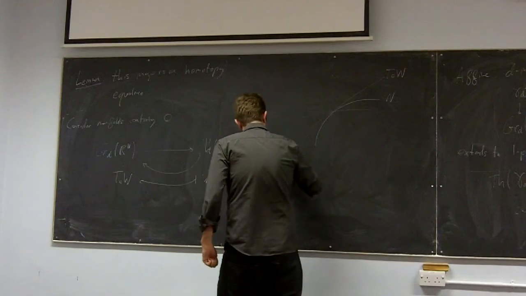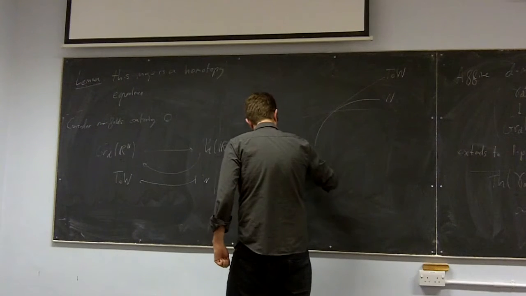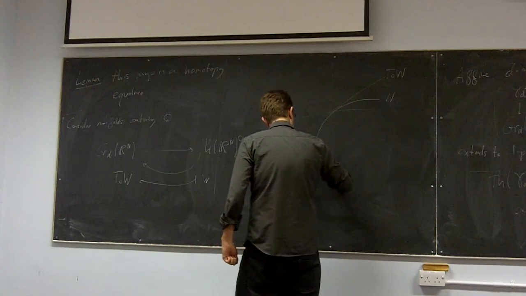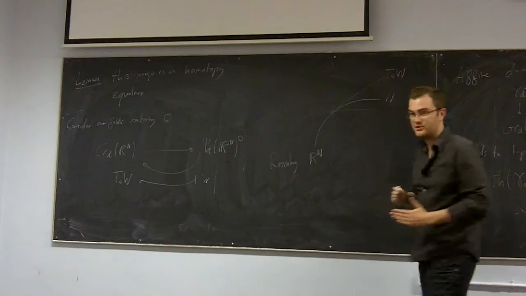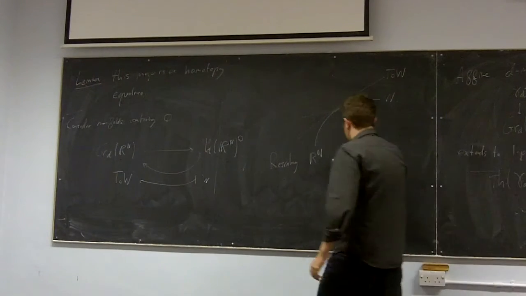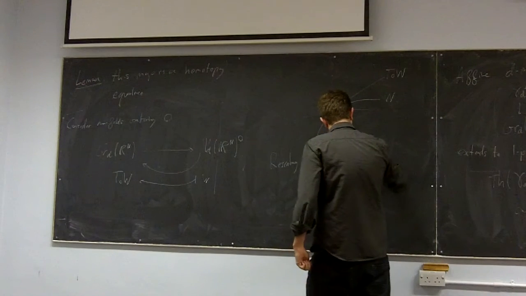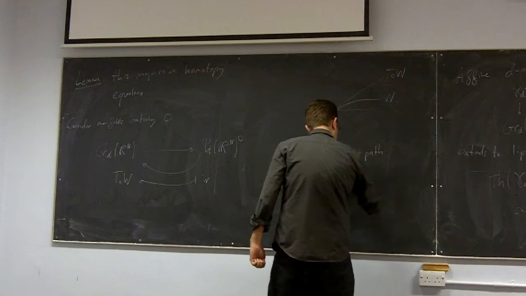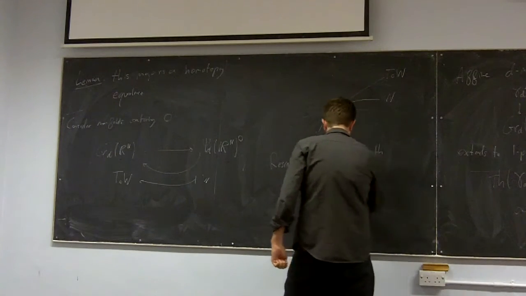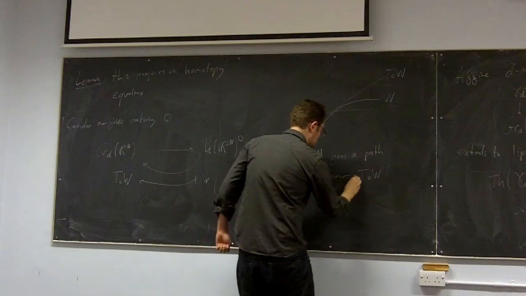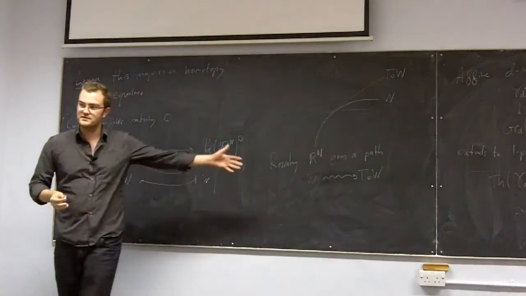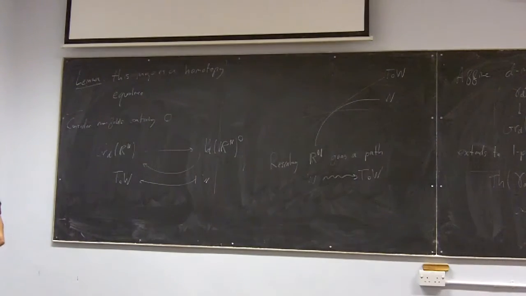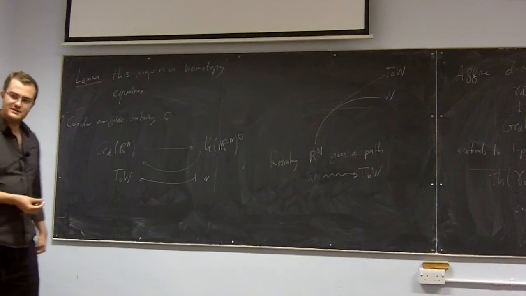So rescaling Rn and carrying W along with that rescaling gives a path from W to its tangent space in this topology, which seems pretty reasonable, right?